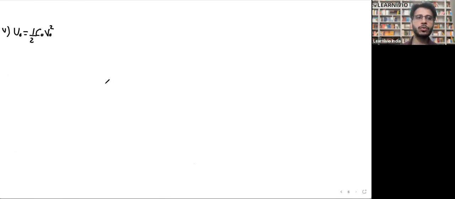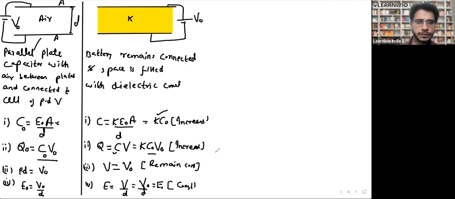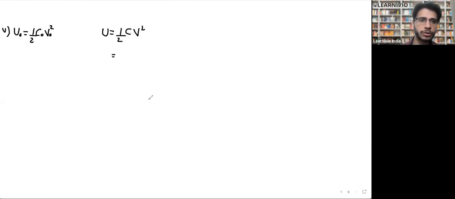Next, you have to check what will happen with the energy. See, energy is half C V square. C is K C naught, your capacity becomes K times. Your V is V naught, your voltage becomes V naught only. So it's half K times C naught V naught square.